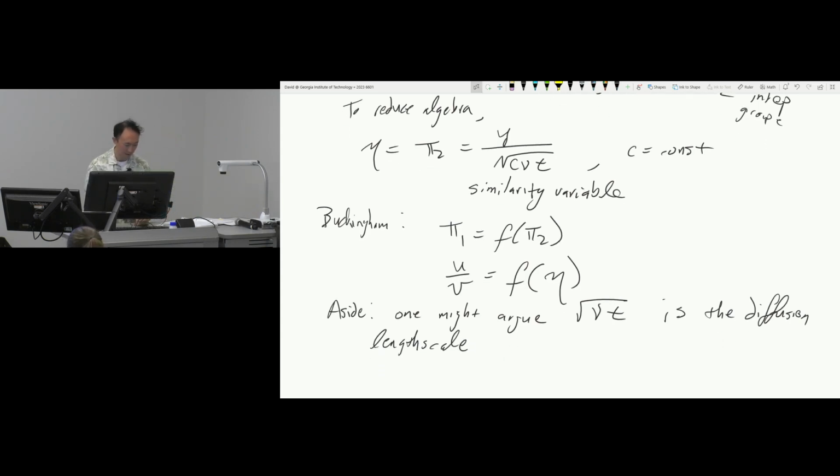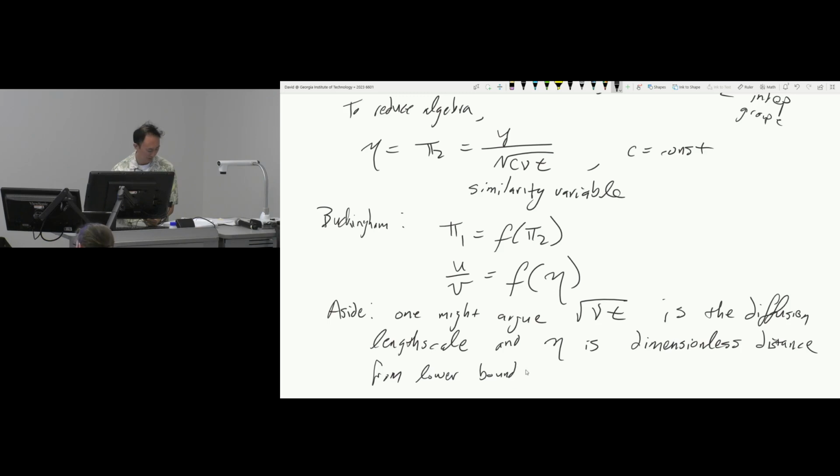And that means eta is basically the dimensionless distance from the lower boundary, right? Because it's y divided by square root of nu t. Okay.